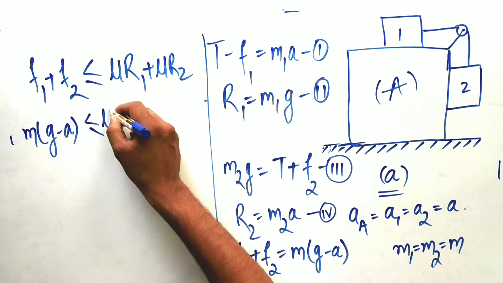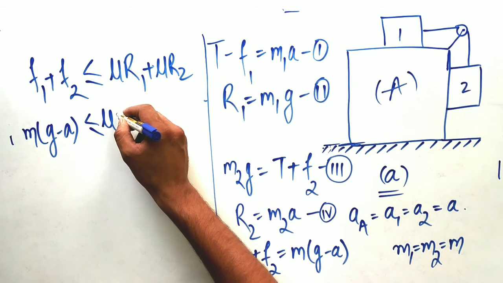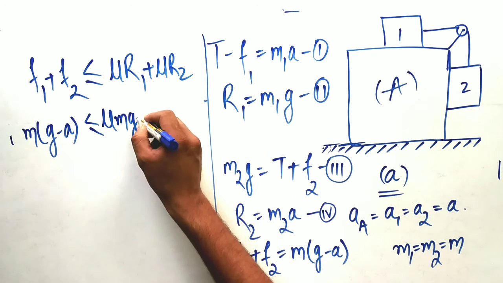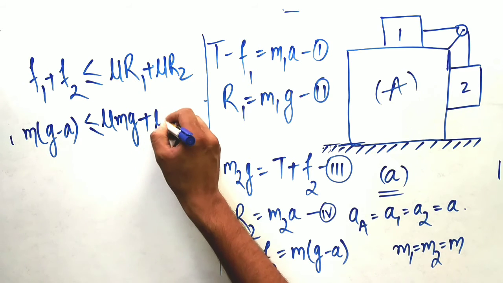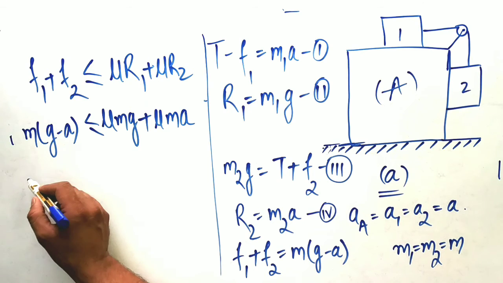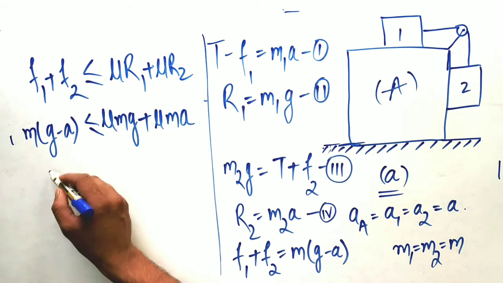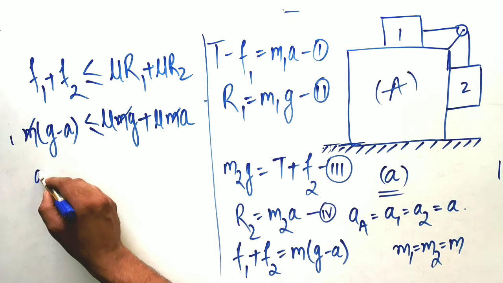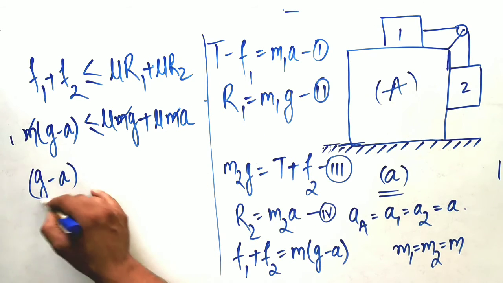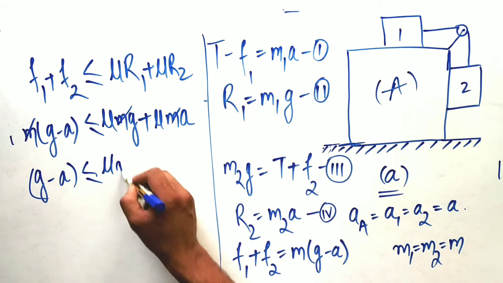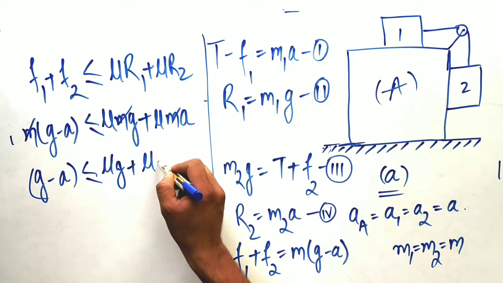We have R1 equals m1g, R2 equals m2a. We'll put these values: mu times mg plus mu times ma. I've replaced m1 and m2 with m. m from both sides cancels. We have g minus a is lesser than or equal to mu g plus mu a.